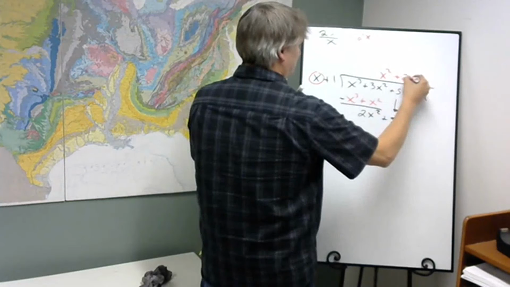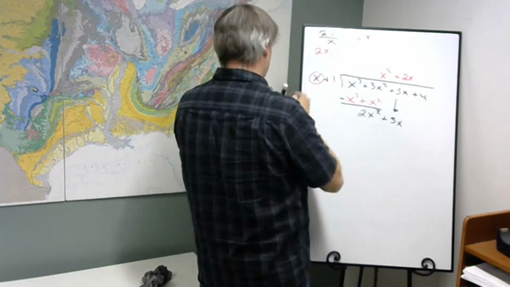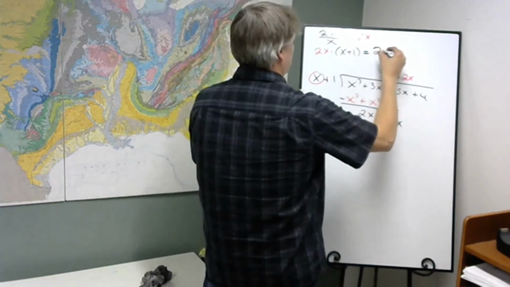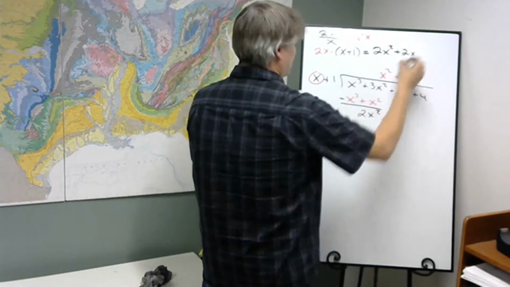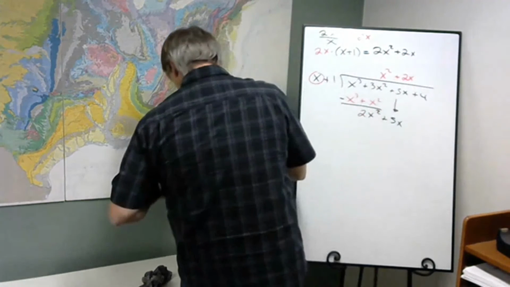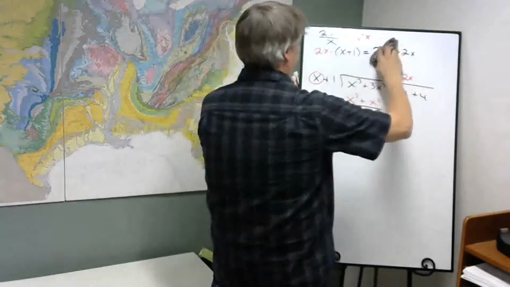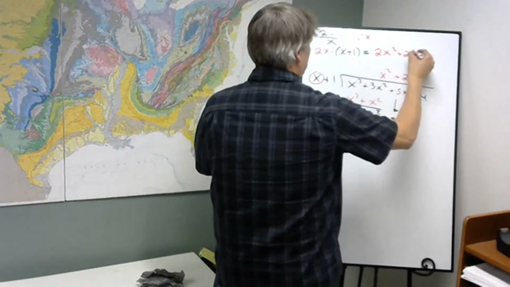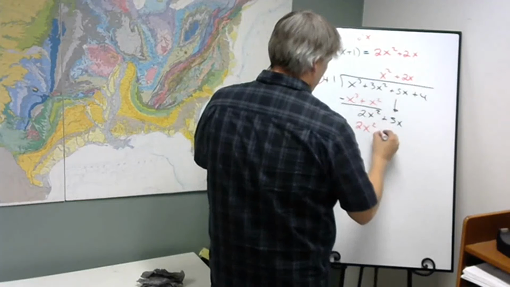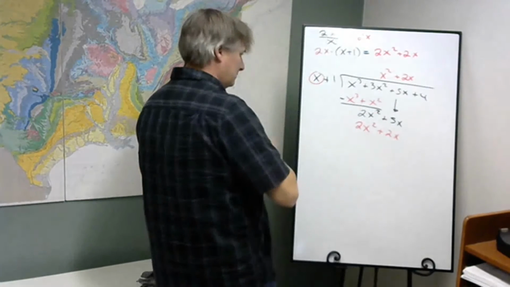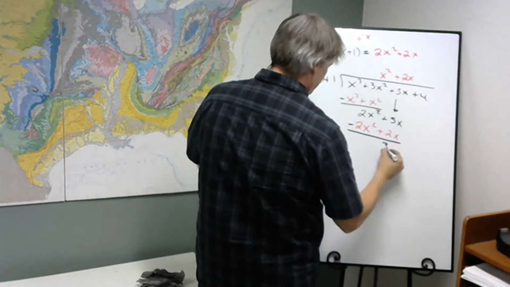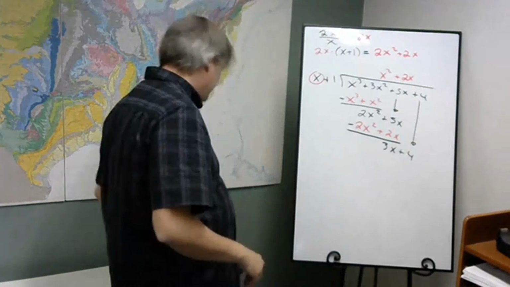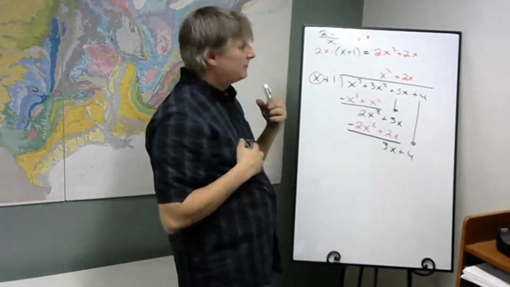So plus 2x. So now, that's our second cycle of division.